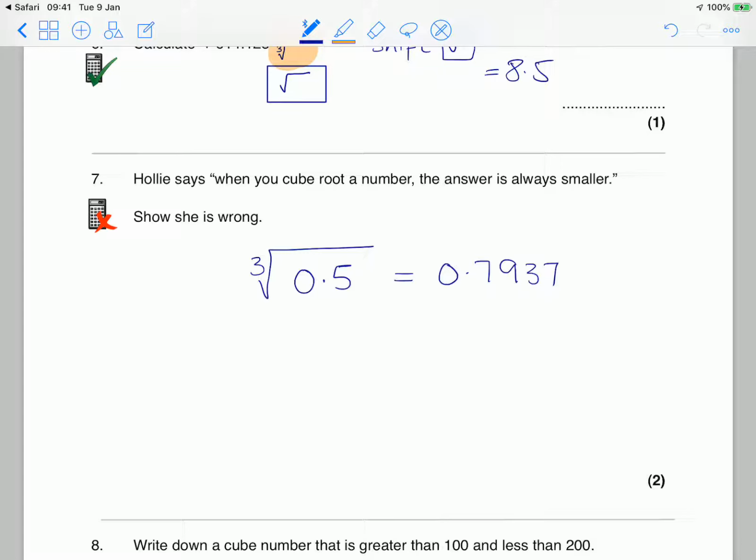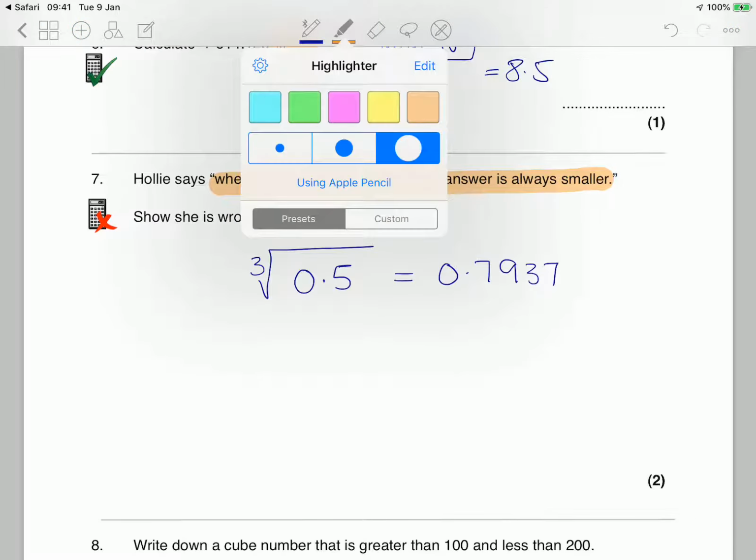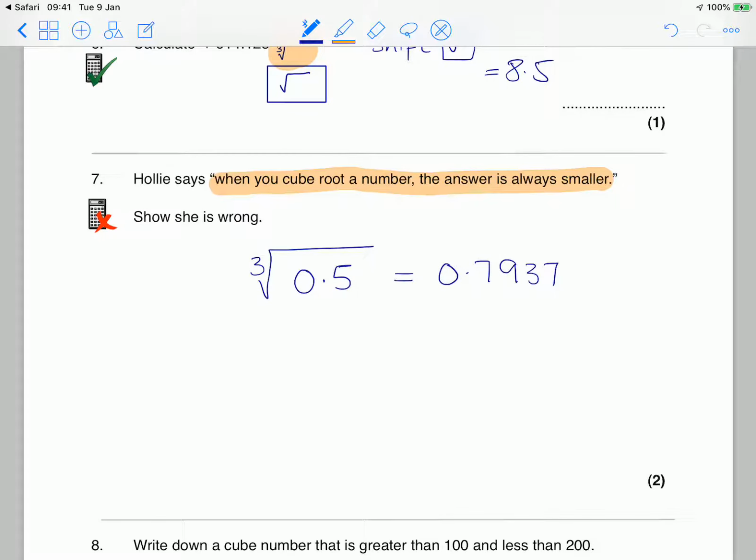So as you can see, when we cube rooted the number, the answer was not smaller, because this one here is bigger than the 0.5 that we started with.